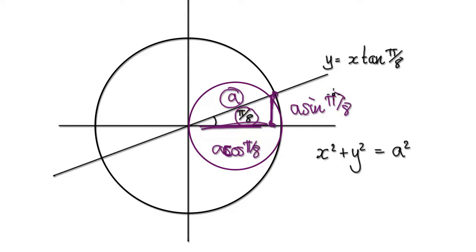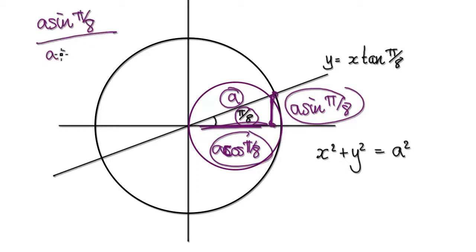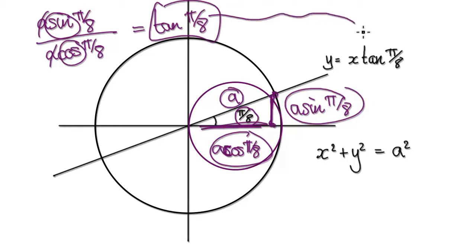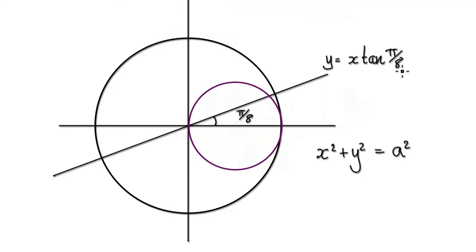So the gradient will be the height divided by the across, a sine pi over 8 divided by a cos pi over 8. The 2 a's cancel each other out. Sine over cos is really tan, so the gradient will be tan pi over 8.